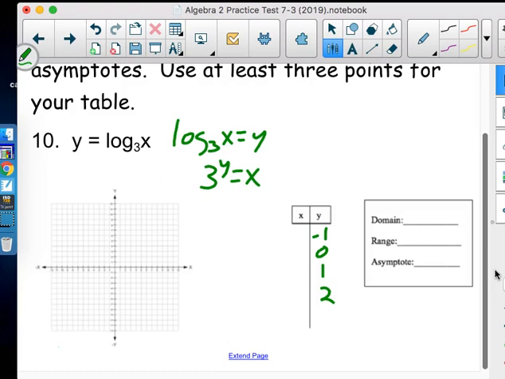You just flip it. 3 to the 0, 1. 3 to the first, and 3 squared. If I had to put a 3 down there, would 3 to the third fit on what we're doing? It wouldn't be horrible to put that down so you had something to aim at, but we don't really need it. Alrighty, so 1/3, negative 1.